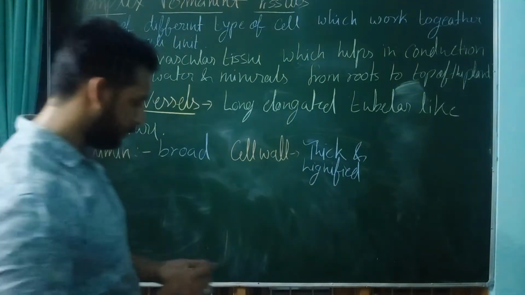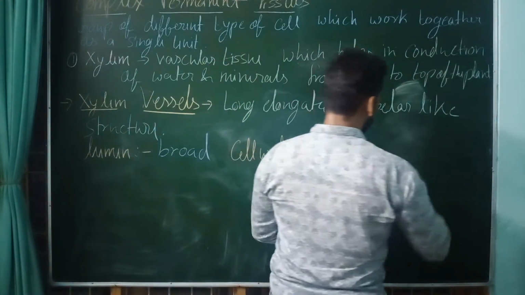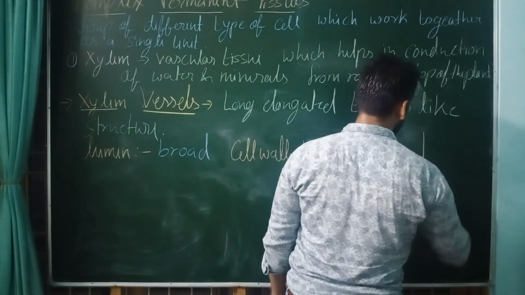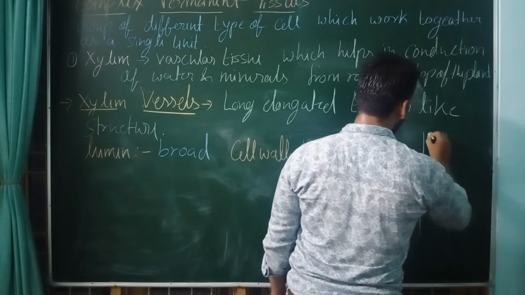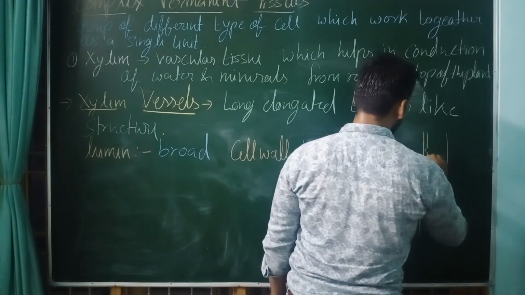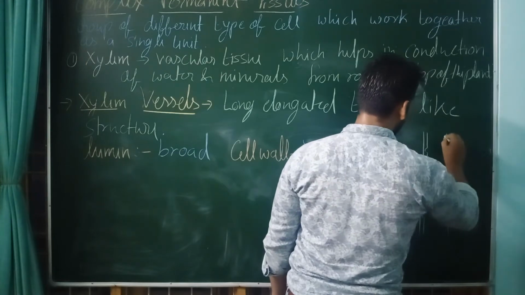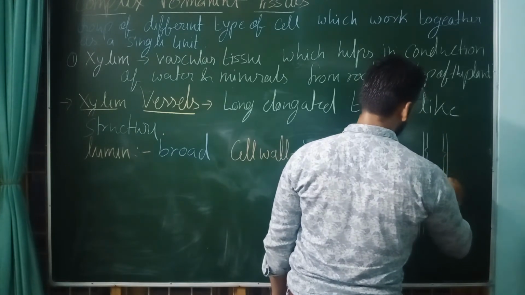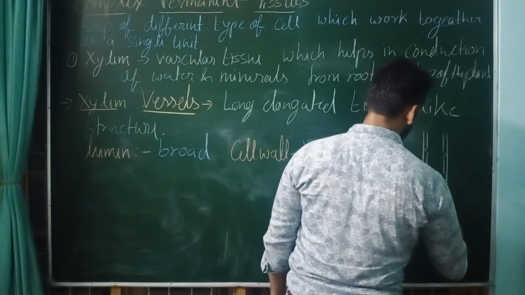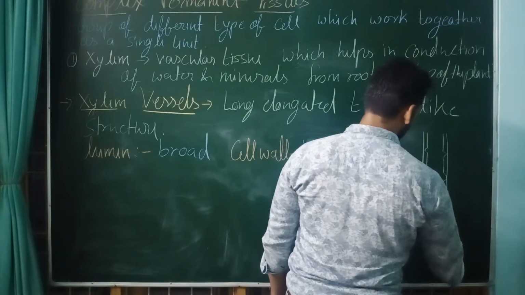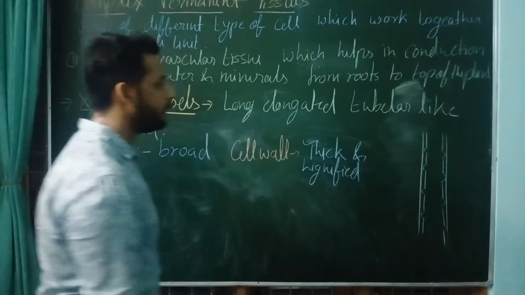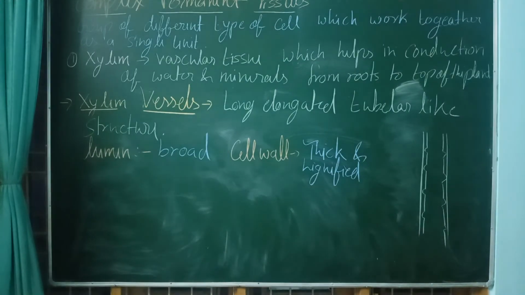If we draw the structure of xylem vessels, it is a tube-like structure, somewhat like this. So you can see it is a tube-like, long, elongated and cylindrical structure. It forms a long duct, right?